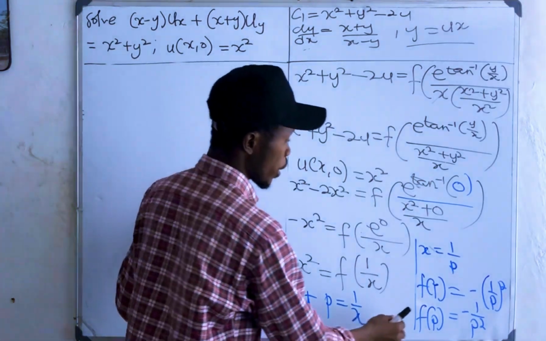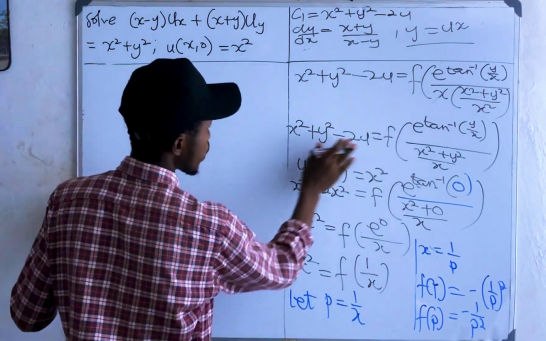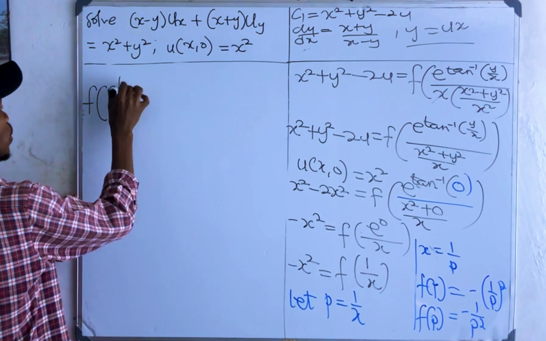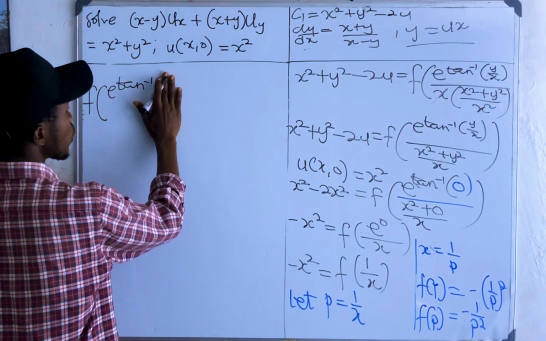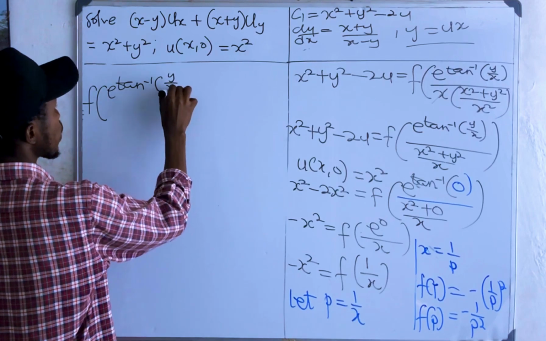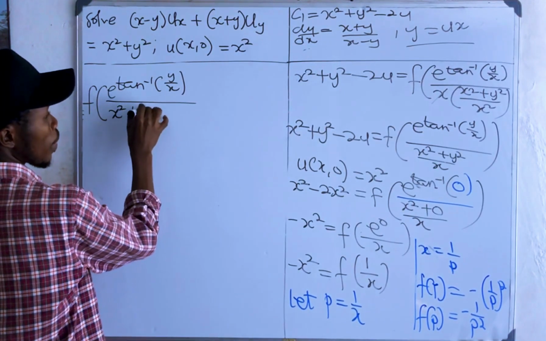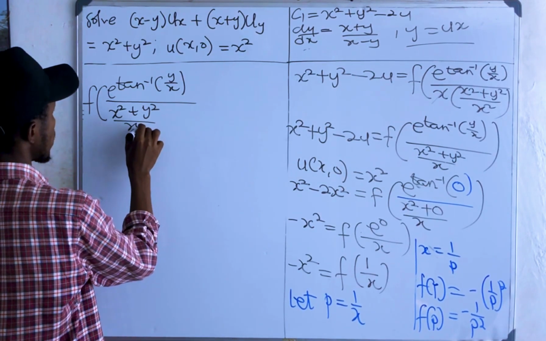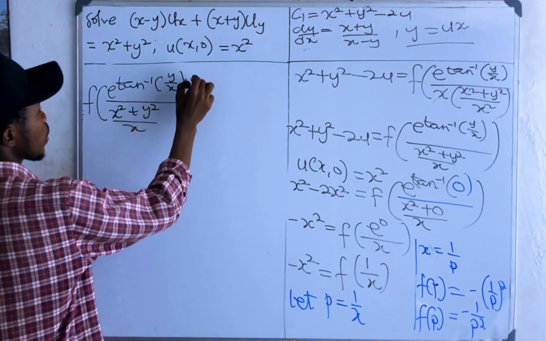Okay, so here, let me forget about this and take only this one: f of e to the power tan inverse of y over x, all divided by x squared plus y squared all divided by x. This x can come here, but let me maintain it here.